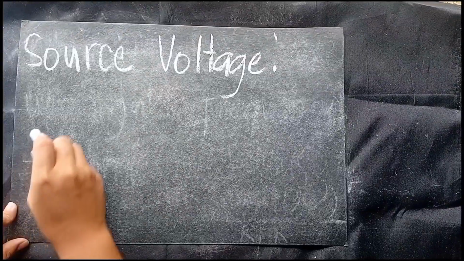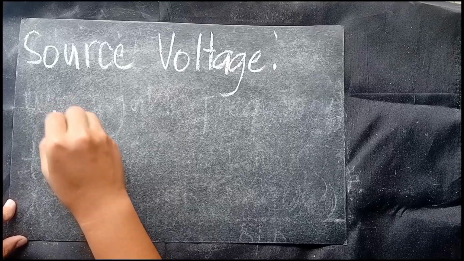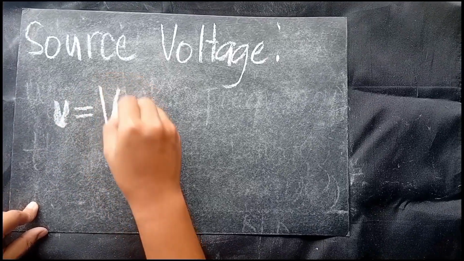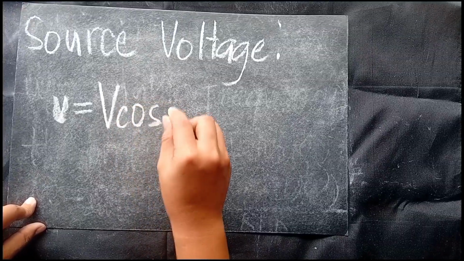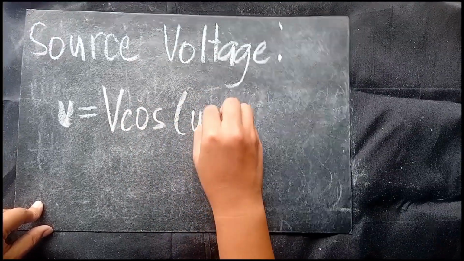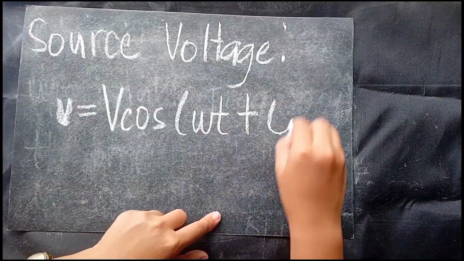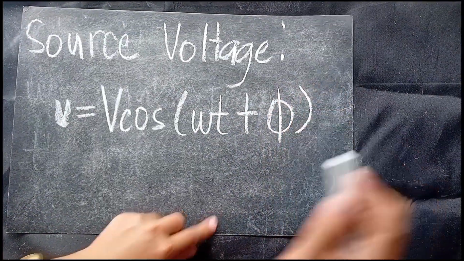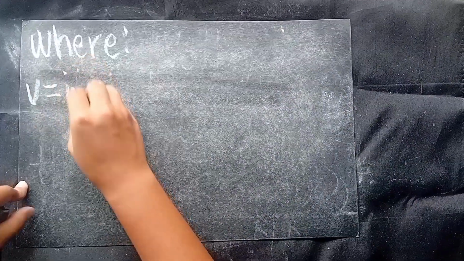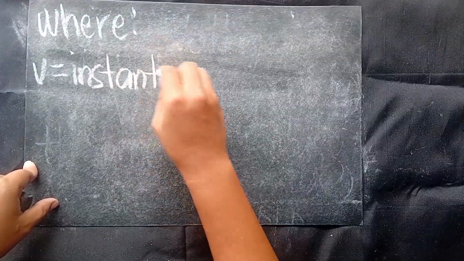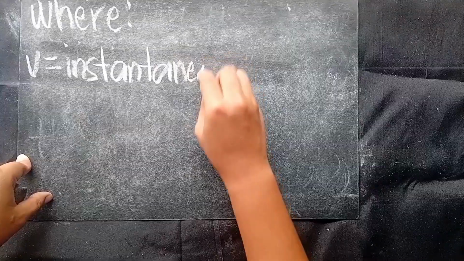Source voltage formula is instantaneous voltage is equal to maximum voltage cos angular frequency times time plus your phase angle, where your small letter v is your instantaneous voltage at a specific time.